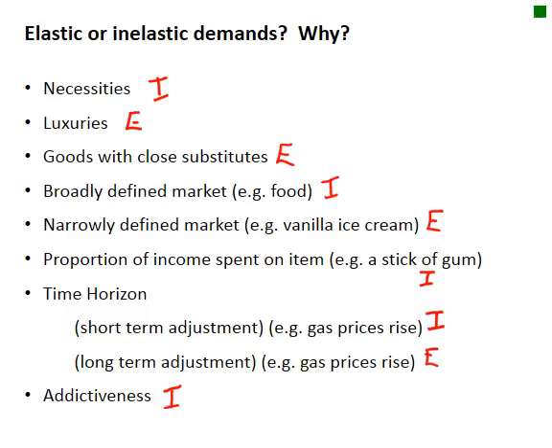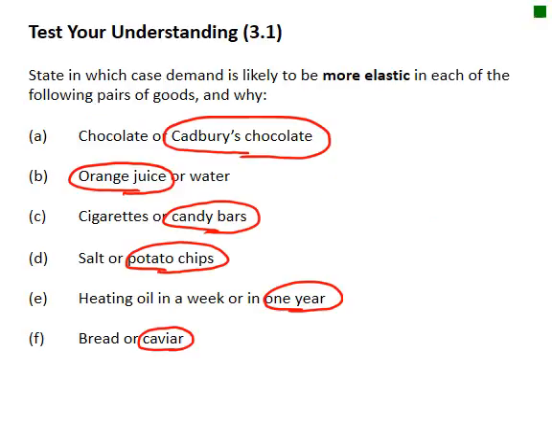So it tends to be more elastic in the long run. And addictiveness would tend to be inelastic because it can be difficult to give up. So again, test your understanding here and decide which would be more elastic in each pair of goods. Maybe circle your answer and then we'll take that up in just a minute.